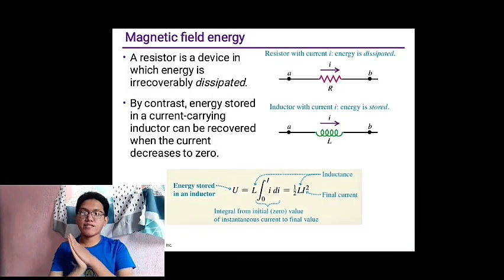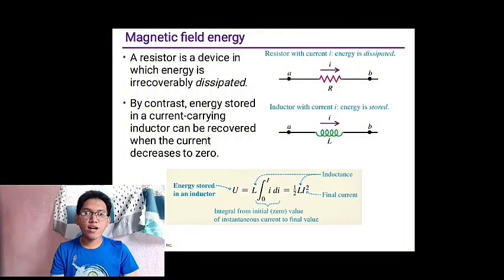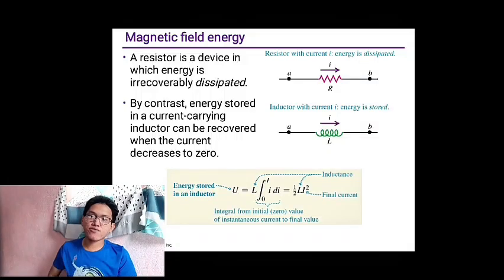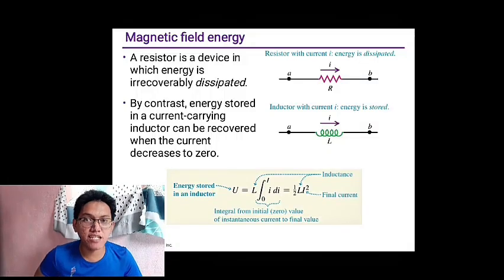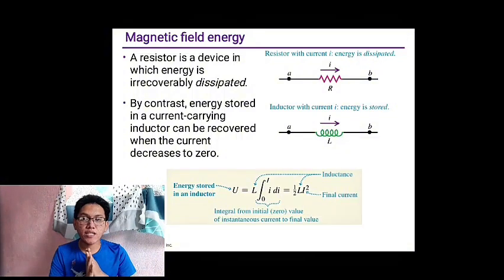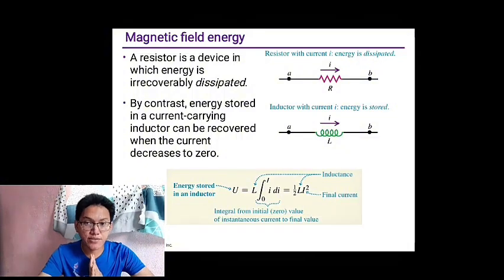Now we have here the magnetic field energy. A resistor dissipates energy as heat, and this energy cannot be recovered, according to the law of thermodynamics, because energy cannot be created nor destroyed. In contrast, an inductor stores energy in its magnetic field, and this energy can be recovered when the current decreases.